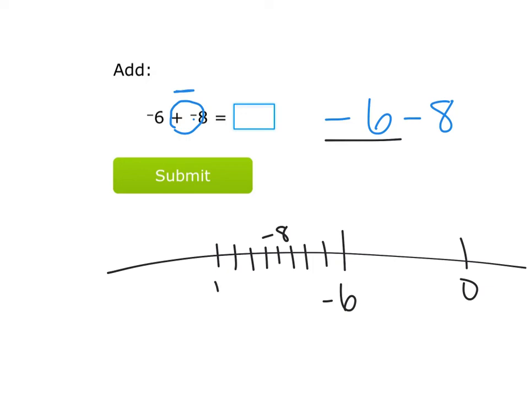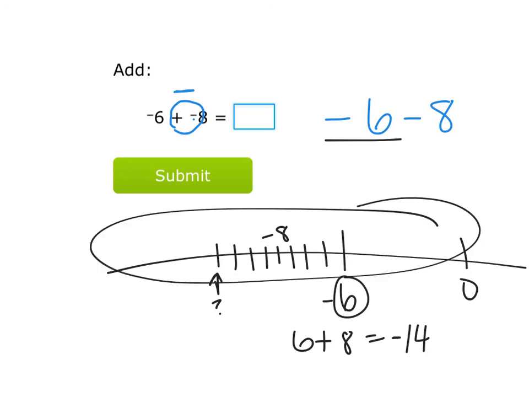To find this number, I went 8 more than this negative 6. So I could say 6 plus 8 equals 14. But I'm in the negative zone here, so I put a negative in front of that. So the answer would be negative 14. Because I have a negative 6, and I went 8 more to the negative. Hope that helps. I think I have more to show you.